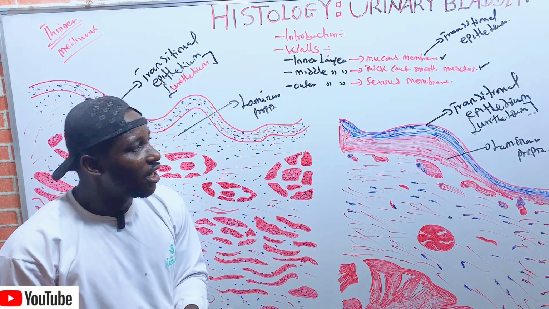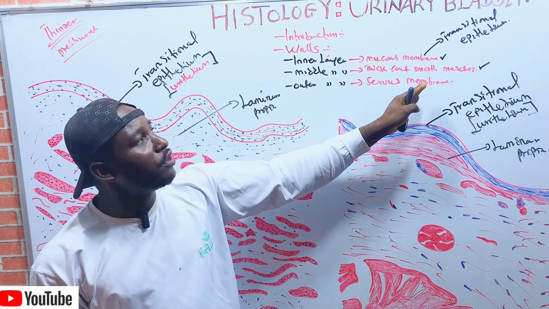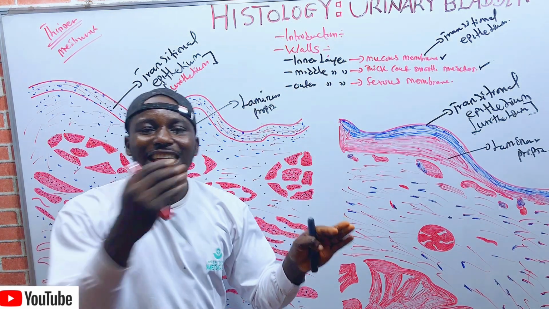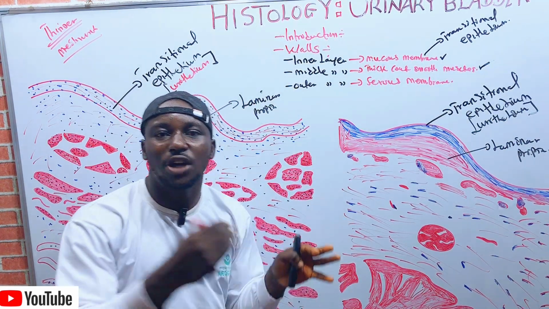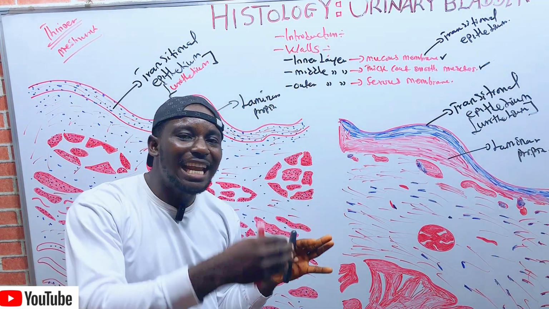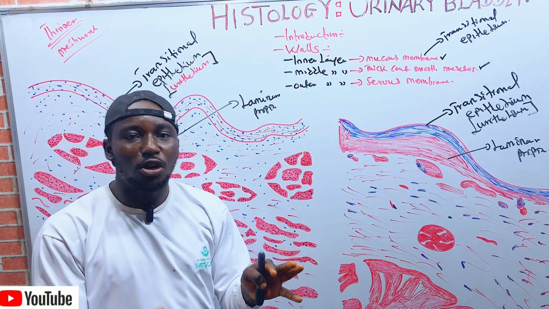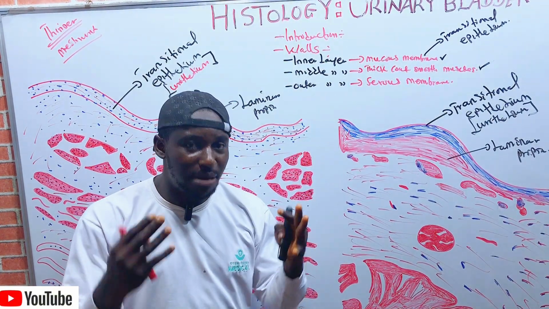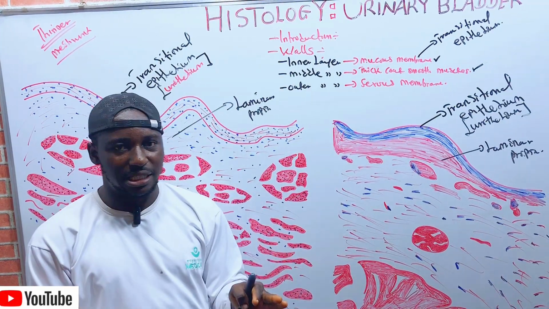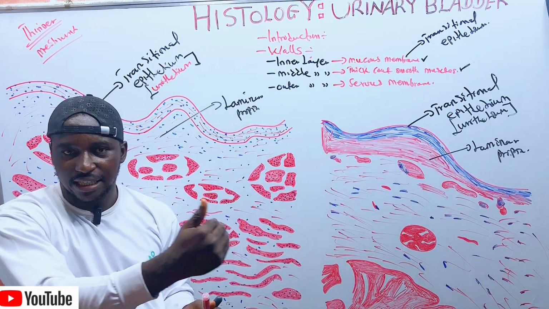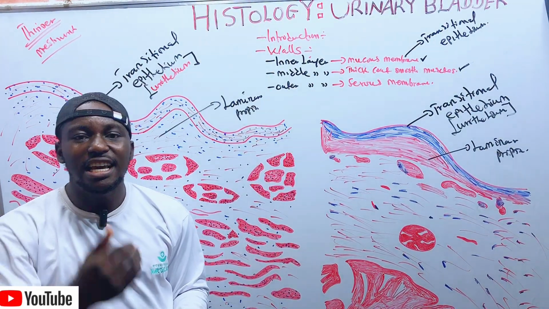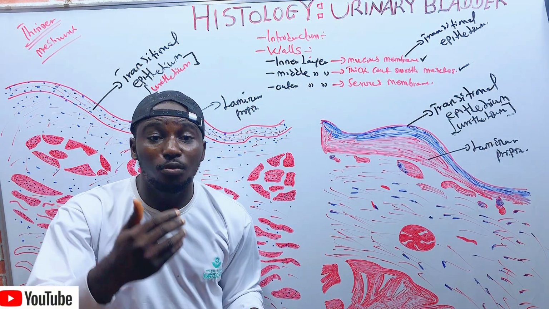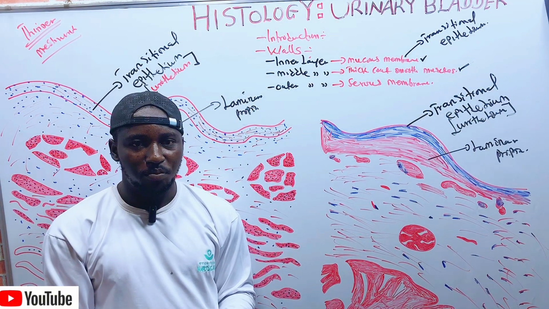And the smooth muscle of the urinary bladder has layers: the internal and external layer, or the inner and the outer layer. The internal and the external smooth muscle fibers of the urinary bladder are so important. Now, in between these two layers exists a thicker layer of circular or oblique smooth muscle fibers.